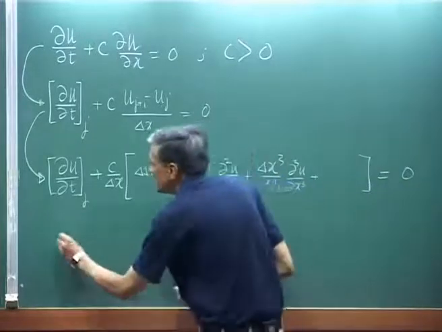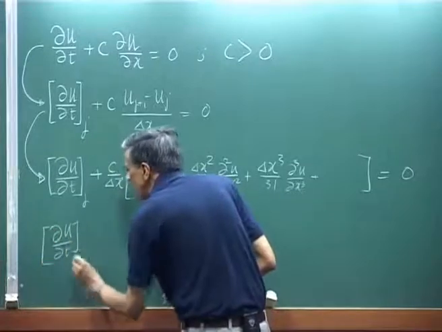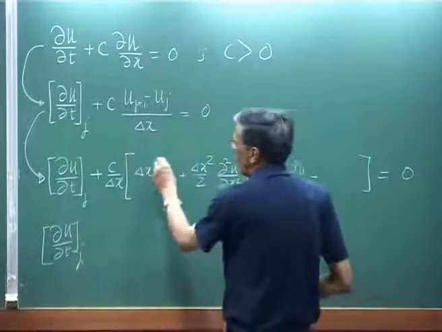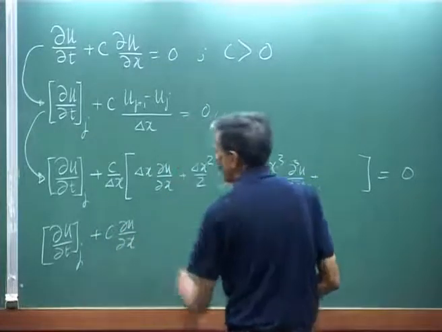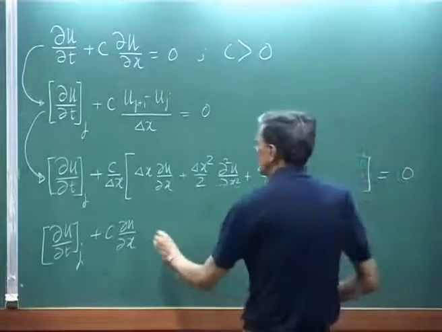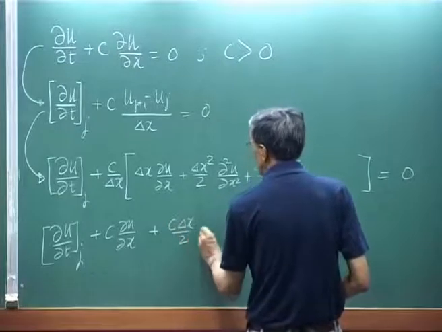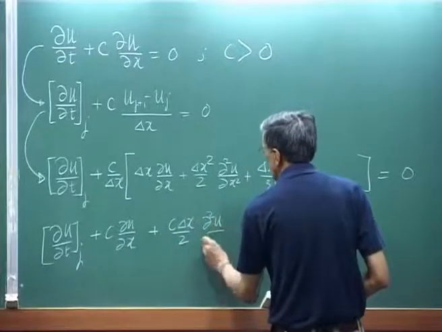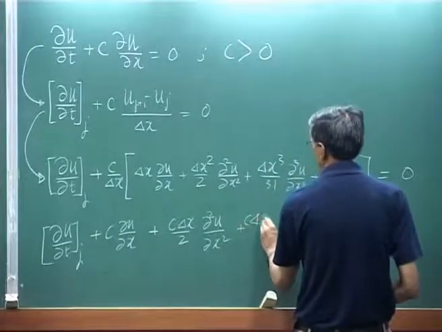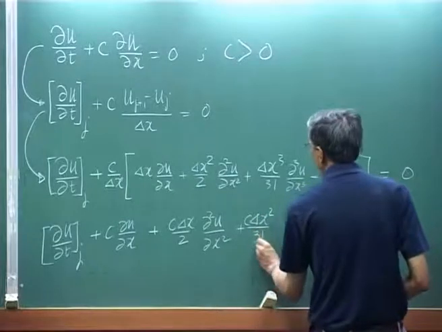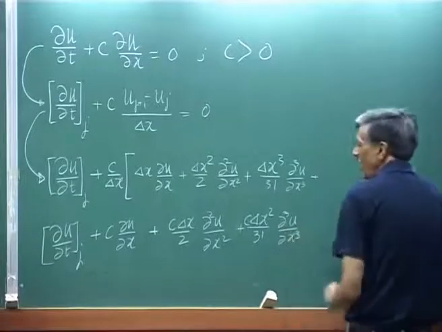And if I do it, then of course, this I will get as C du dx, okay. And this additional term will be C delta x by 2 and so on and so forth.